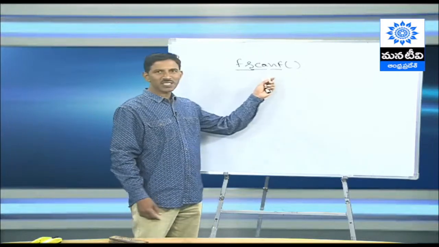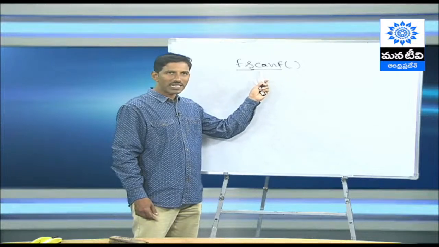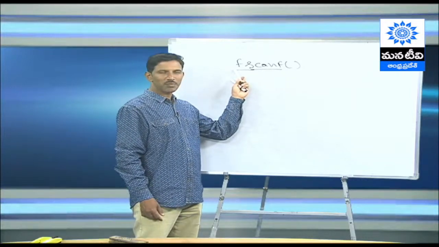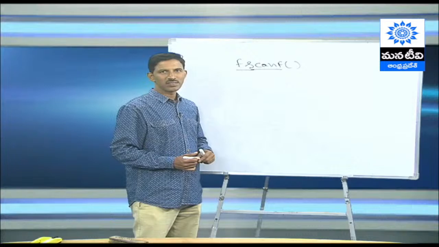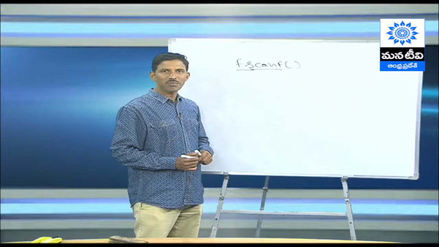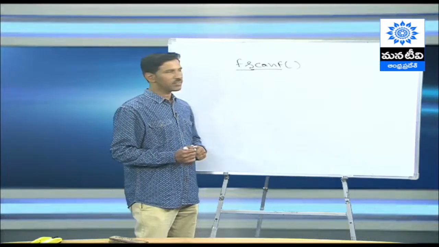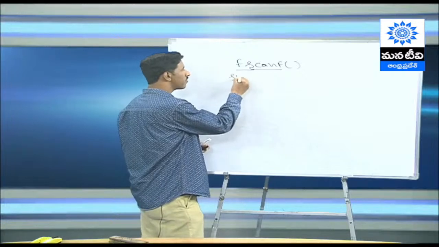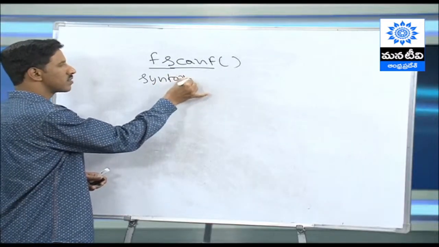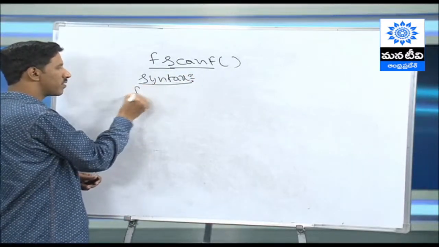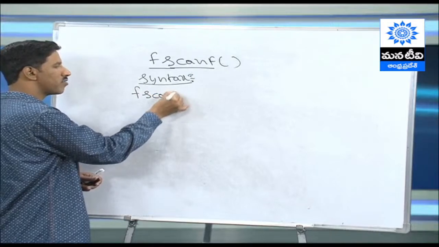What is meant by fscanf? I want to read the data from the files, variable by variable. Read the variable data from the files. That is fscanf. How does fscanf work? What is the syntax, how to use fscanf? fscanf, file scanf.